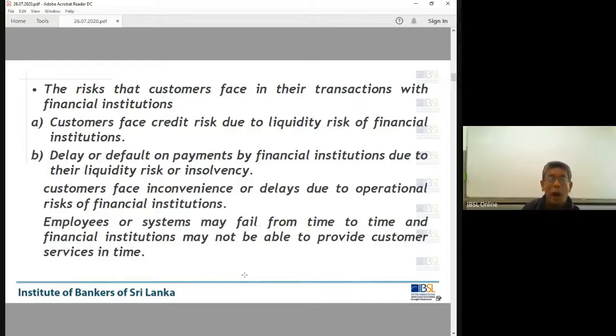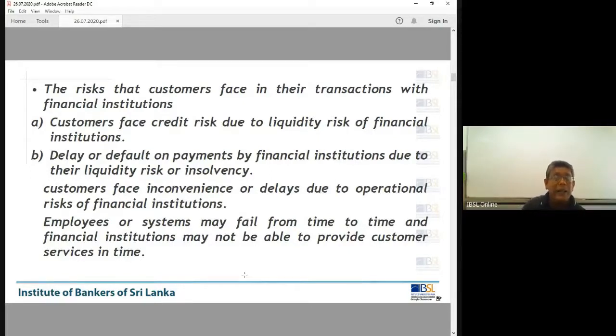Suppose you provide some services to the bank, as a supplier, and the bank is also one of your customers. So you are providing some supply material to your bank, and the bank is not in a position to pay you because the bank is facing a liquidity risk, right?